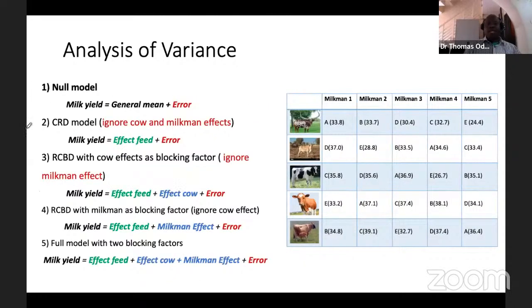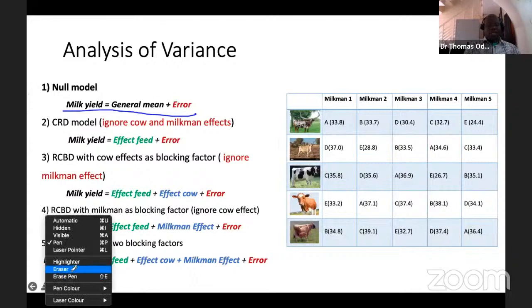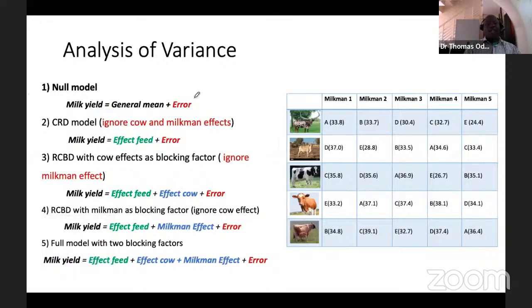Okay, so let's look at the other models. The first model that we talked about is our null model, which has the general mean and the error term. In this case, all the variability that we have is going to go to the error. Then the other model that we can consider is to just look at the treatment effect.